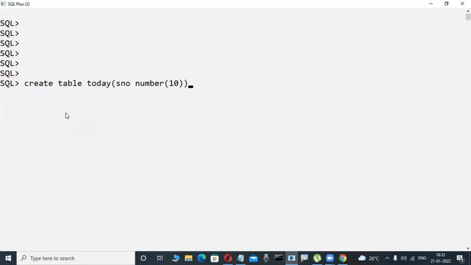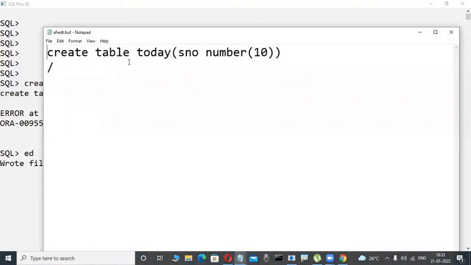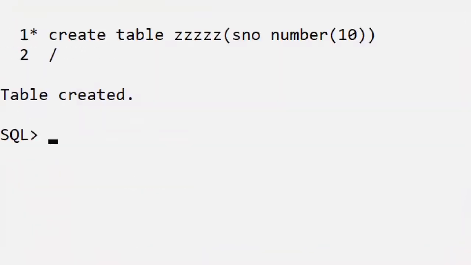Slowly observe it here, concentrate here. Suppose Z is a table. For example, I am creating it.